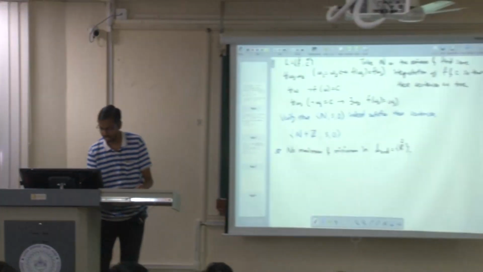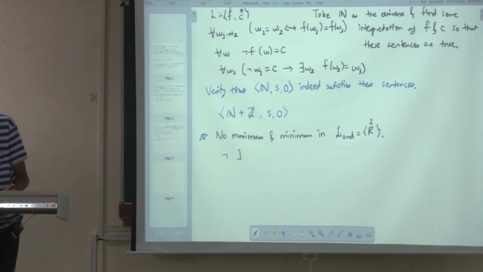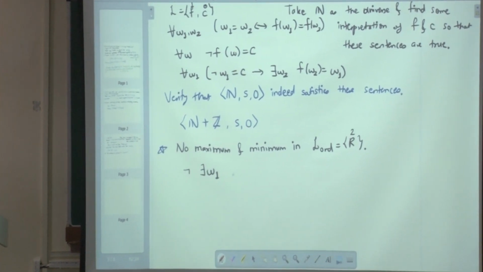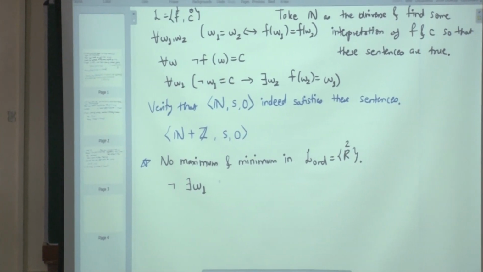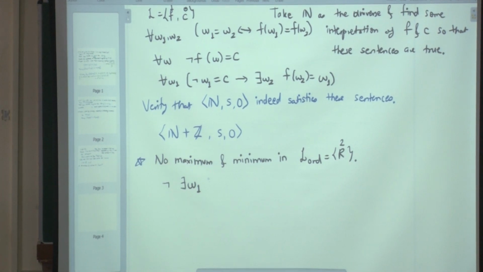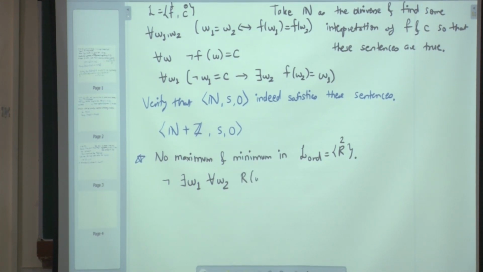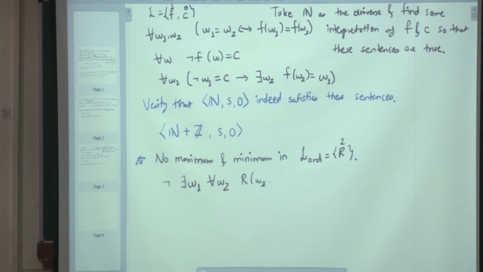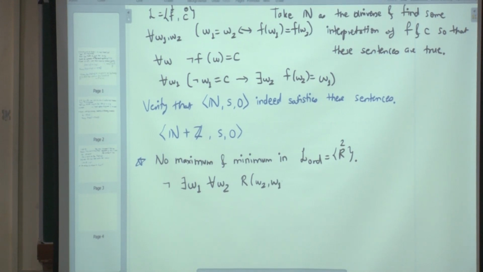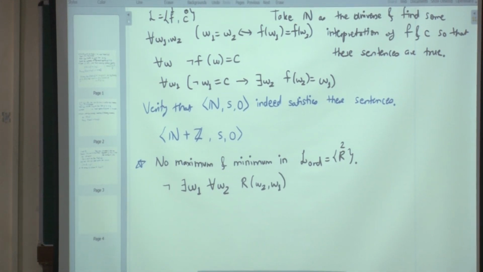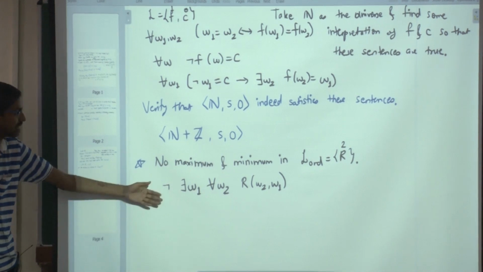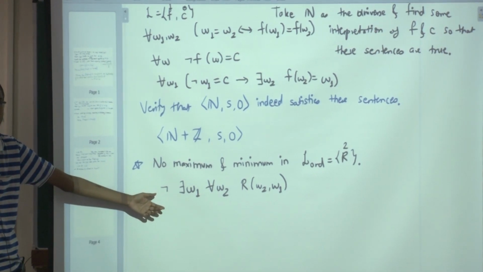Okay, negation of there exists W1, such that for all W2, R of W2 W1. Let's write it. For maximum or minimum, is it greater than or less than? Okay, so perhaps this sentence, does it make sense to everybody?